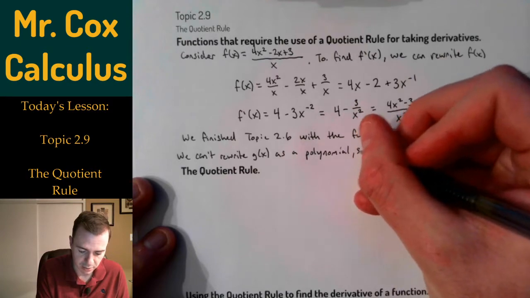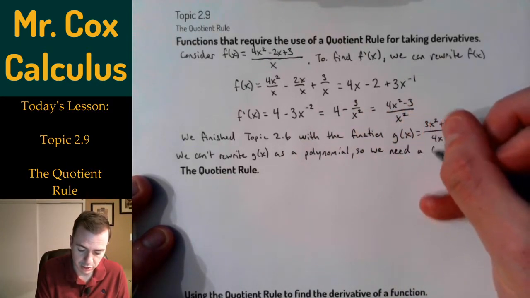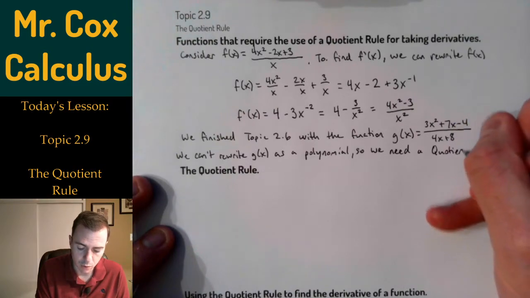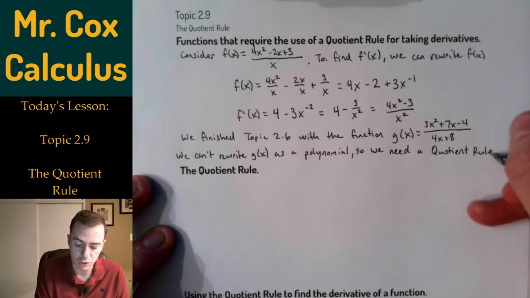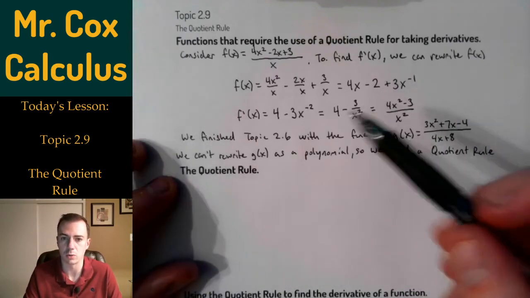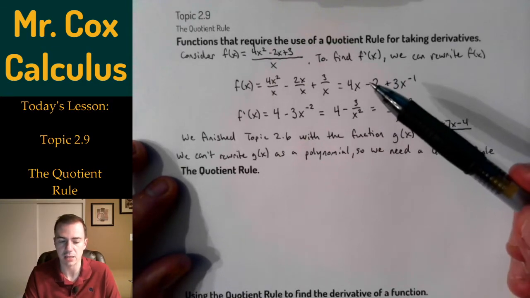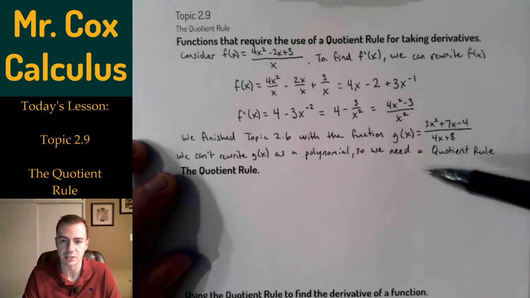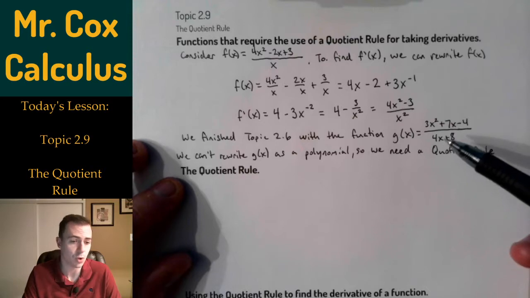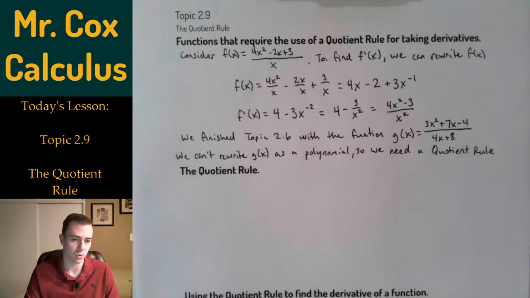We need a special rule for quotients called the quotient rule. So as you're going to see in this lesson, just like we saw with the product rule, if you can rewrite a function, that's a pretty easy derivative to take in terms of what we're going to get into in this class. But there are going to be times where you cannot do the polynomial rewrite, and that's where we'll need the quotient rule that we'll learn next.